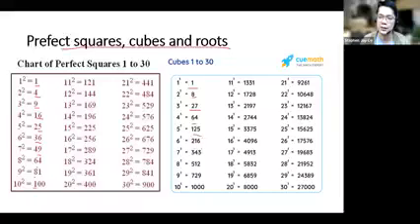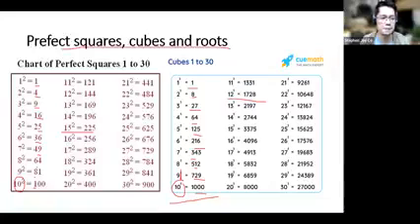So that when you encounter them, you know that they can be reduced to their perfect cubes or perfect squares, and the same thing, squaring it and cubing it. Okay, so take note of the basics. So maybe up to 15 for the squares and maybe 10, or 12, for cubes. So that when you encounter them, you know that they are perfect squares or perfect cubes or perfect roots.